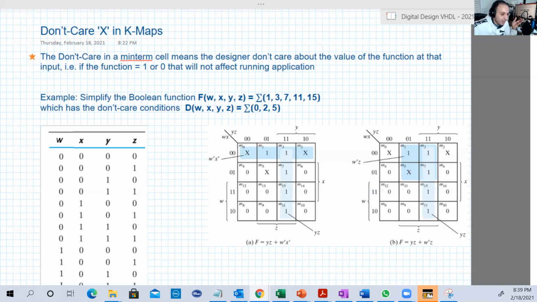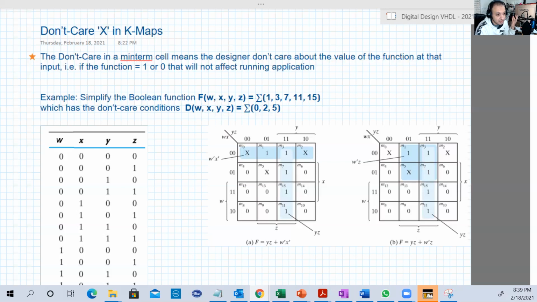This is one of the examples I just mentioned: your application, for example, this specific input will never happen. So whatever X and Y are, this will never affect the performance of your application.